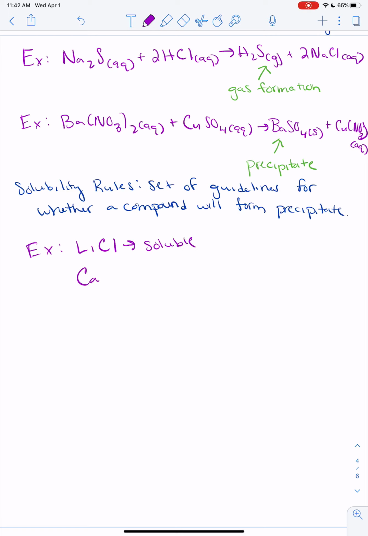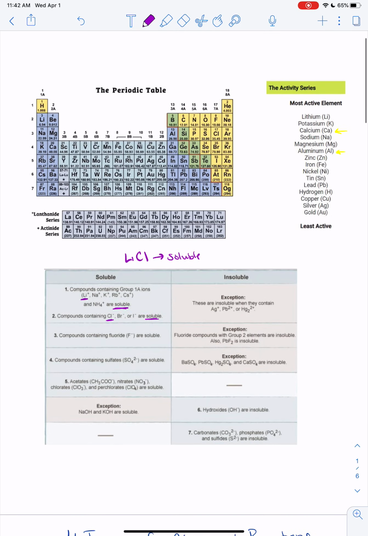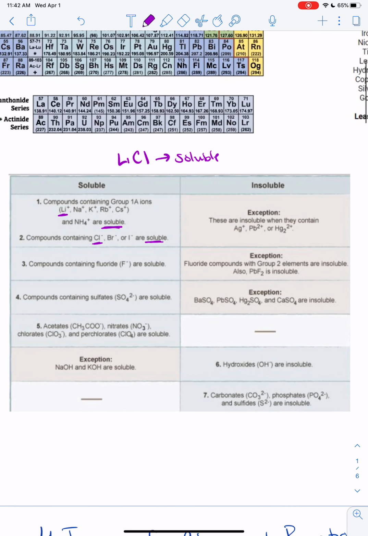Let's do one more example here. Let's say we have CaSO4, calcium sulfate. Go back to our solubility rules. We want to find anything about calcium or sulfate. I see here, compounds containing sulfates are soluble, so it seems like it's soluble. Let's look at the exceptions just in case. And we see calcium sulfate is insoluble because it's an exception.